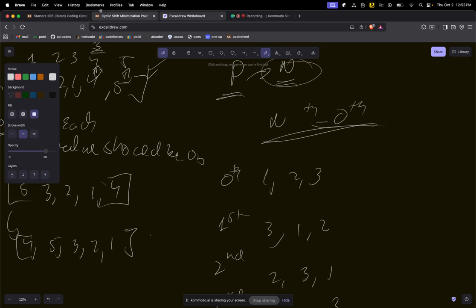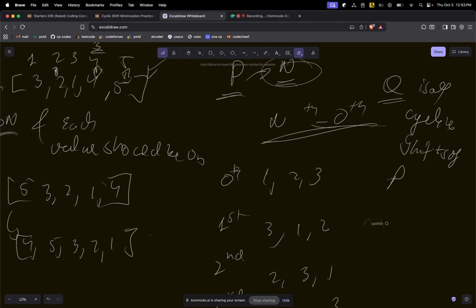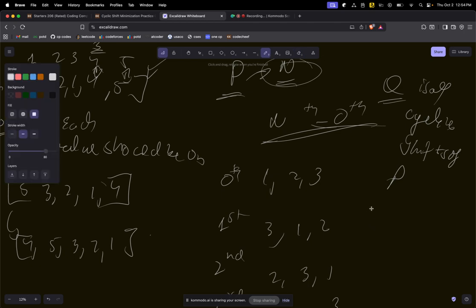Okay. So Q is the set of all cyclic shifts of P. And the question says we want to minimize the maximum value of fq.